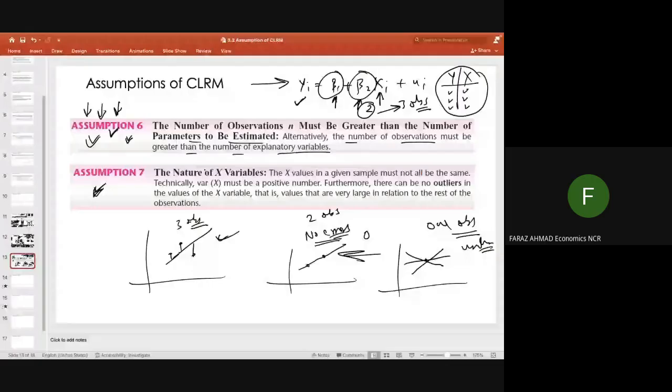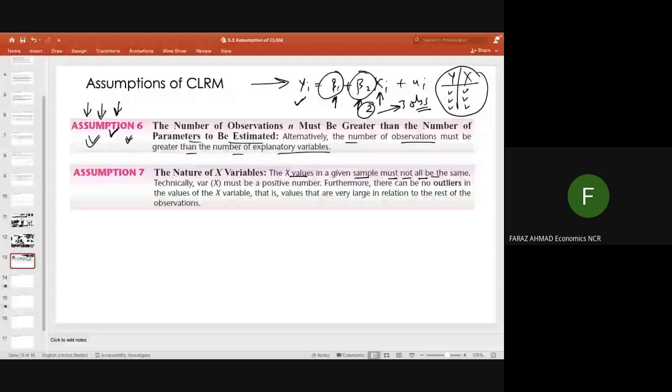Then assumption 7 says that the nature of x variables, the x values must not all be the same. Technically, variance of x must be a positive number. Furthermore, there can be no outliers in the values of x variable, that is, values that are very large in relation to the rest of the observations.